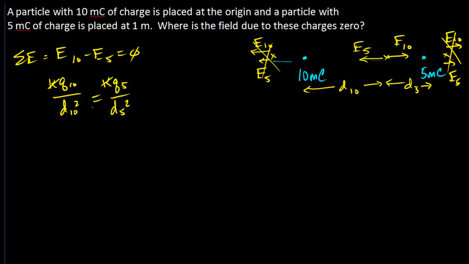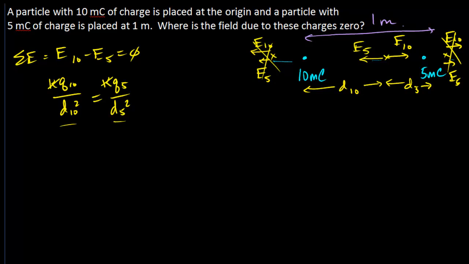It looks like we have a fairly simple equation, but if you notice, there's a problem. We have two variables and only one equation, which means we can't solve this yet. So we have to be a little bit sneaky. If we go back to our picture, we were told that these charges are 1 meter apart. So let's write one of our distances in terms of the other.